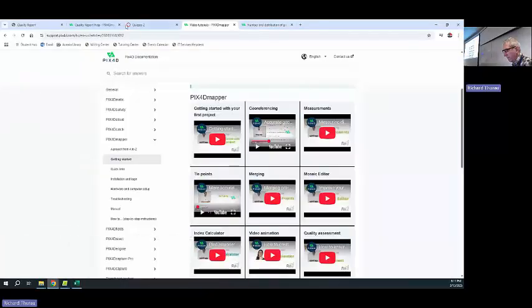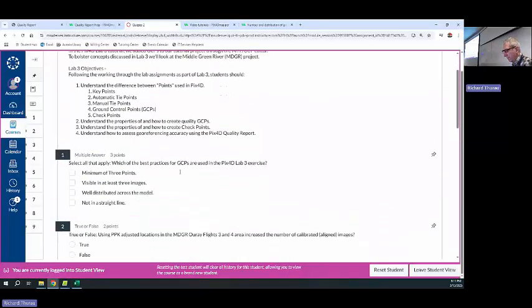I think the correct answer should be the first three, but you have 1, 2, and 4. There are a minimum of at least 3. They're well distributed across the model, but they are in a straight line. Yeah, I wouldn't select either of these last two because they are in a straight line and they are not well distributed, right?